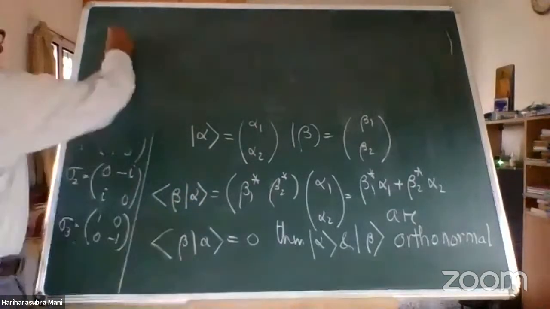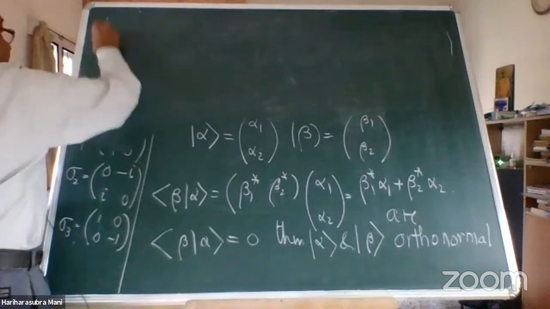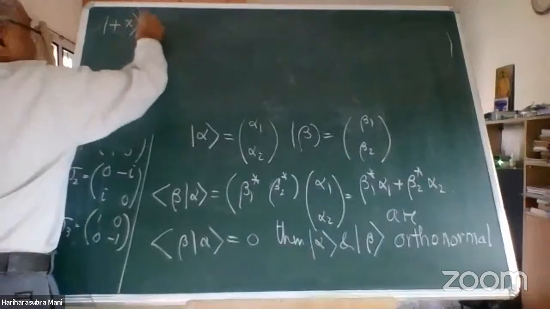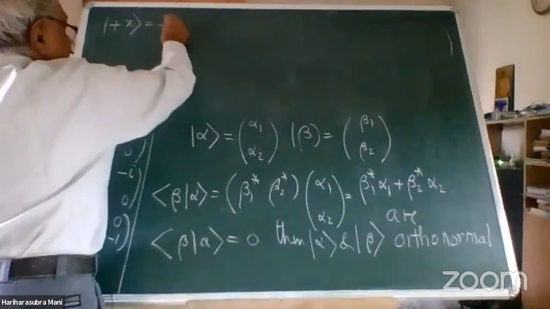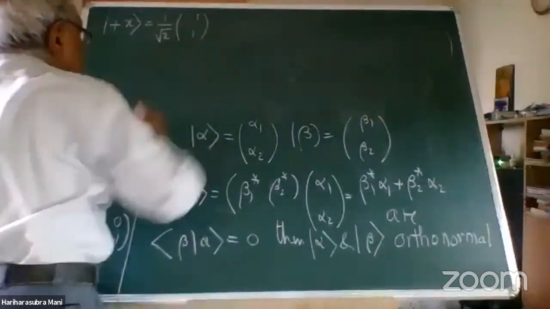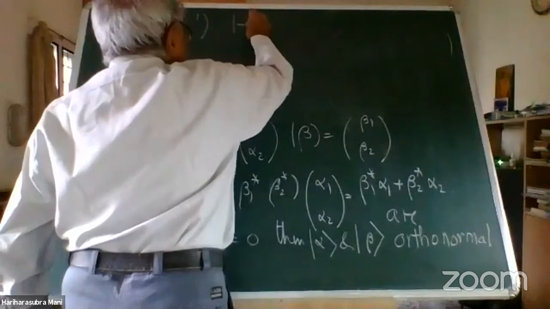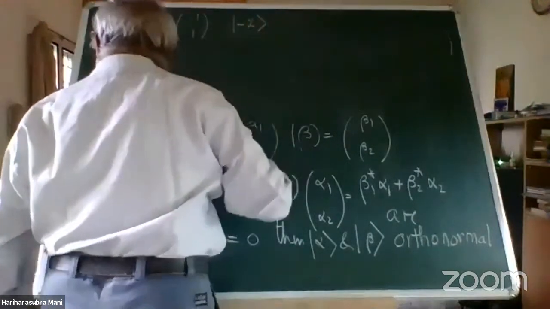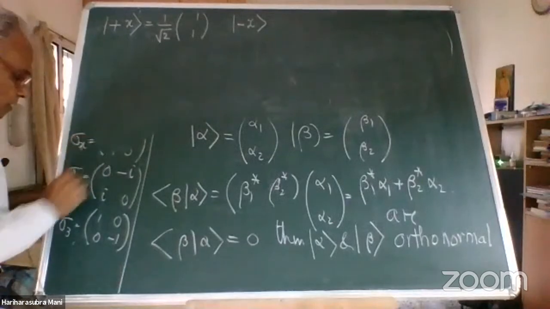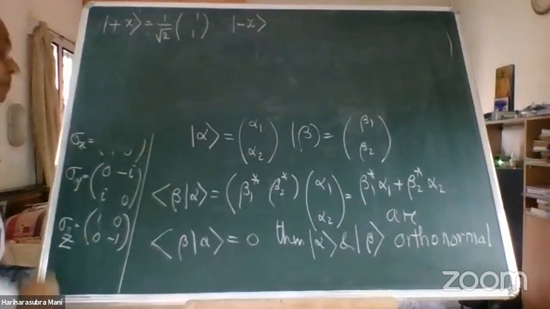I can write down some normalized vectors which will be useful to me. I will write plus x is 1 by root 2 times (1, 1), minus x. Quite often this also is written as sigma x, sigma y, sigma z.